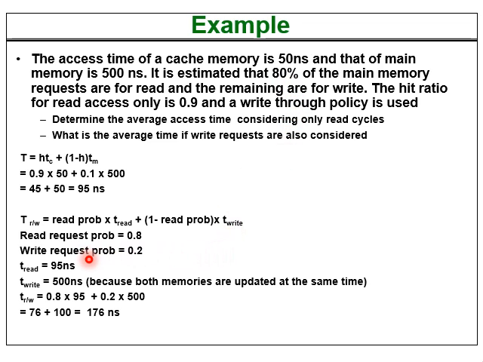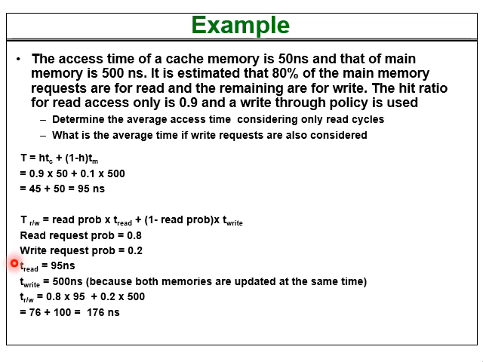So the average time for read is 95 nanoseconds. Average time for write is 500 nanoseconds. Why? Because I'm using a write through policy where both main memory and cache memory are being updated simultaneously. Right? So the hit ratio for read access is 0.9, which we have already used for finding out the average time for this.